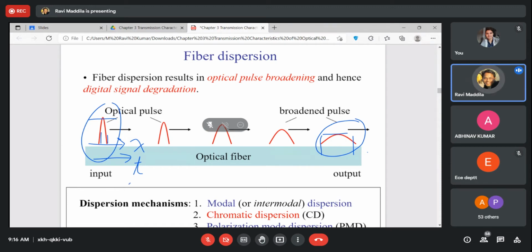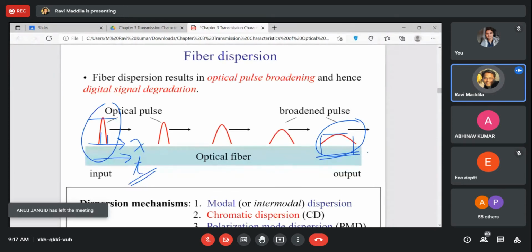When we look at fiber dispersion, time is the more critical factor. With the x-axis as time, we can see that the pulse is becoming broad, meaning you have the same power, but it is distributed over more time.